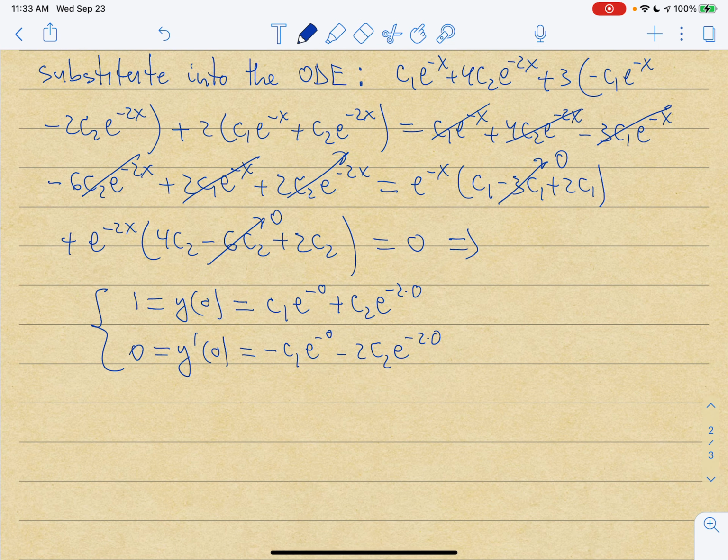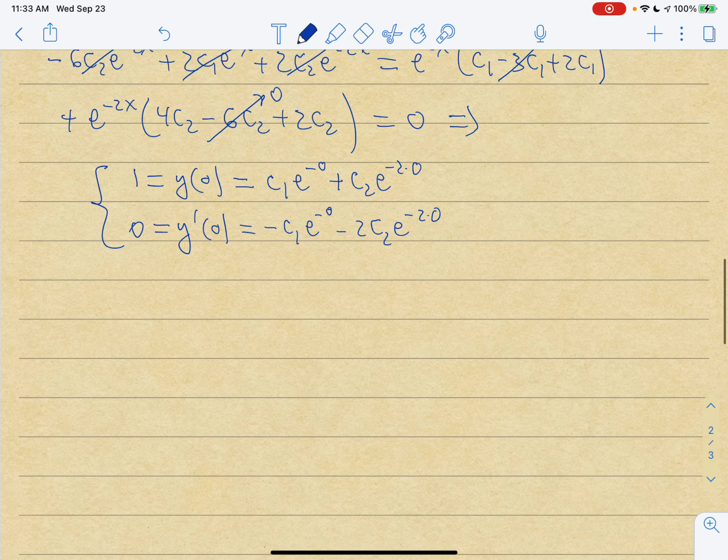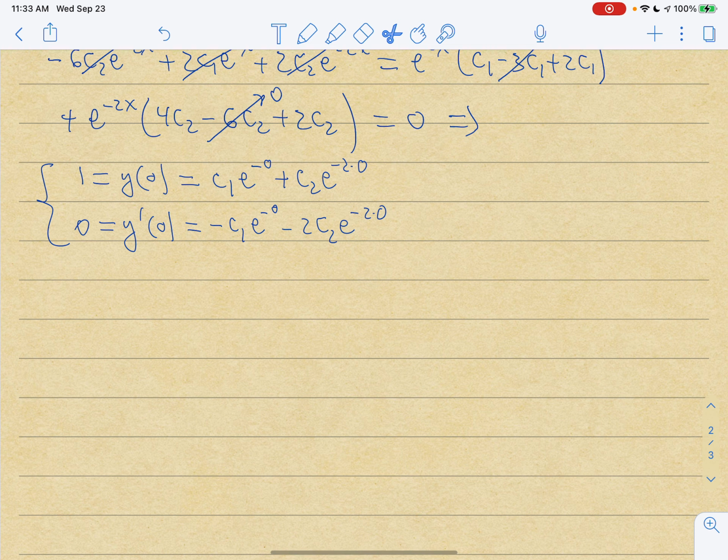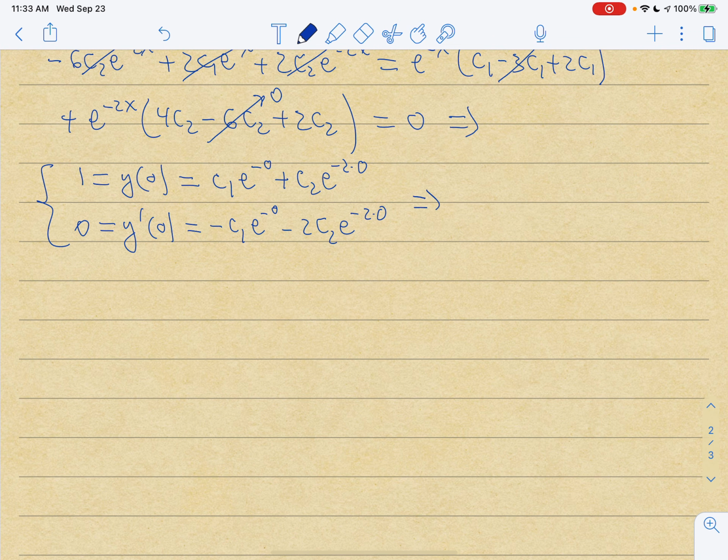So we have these two equations, and we can simplify them by observing that all exponentials here are raised to the power 0, so they all must be 1s. So c1 plus c2 is 1, and then minus c1 minus 2c2 should be 0.